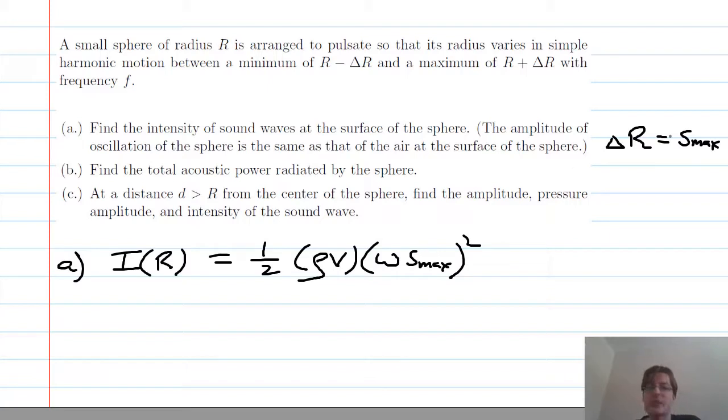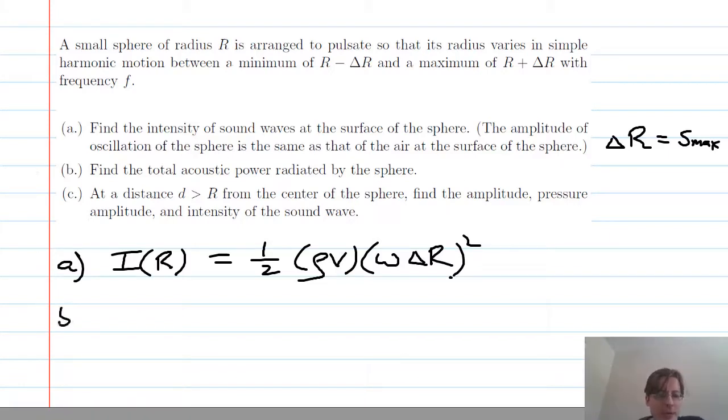And S max is just the change in radius. So let me write that. So that's just delta R. Okay, so we could predict the volume of the sound at the surface of the sphere. You have to plug in air density and the speed of sound, 343 meters per second.